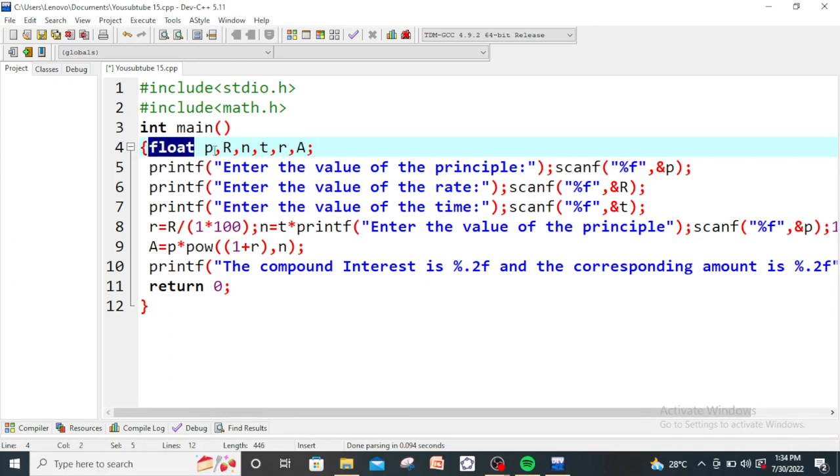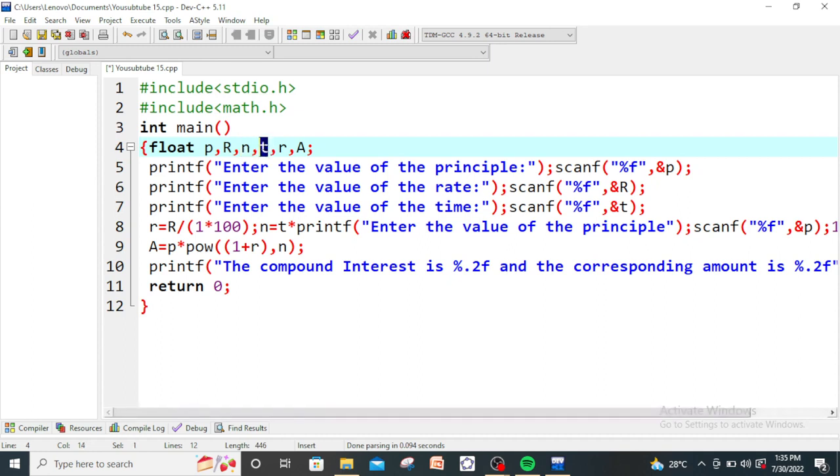Here you see P is for the principal, R is for the rate in percentage, N is the total number of that duration in which the compound interest is added to the updated principal.